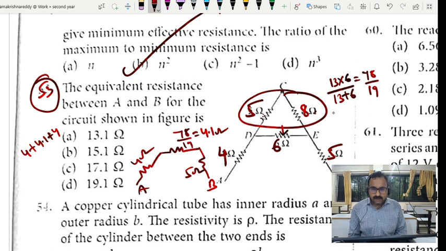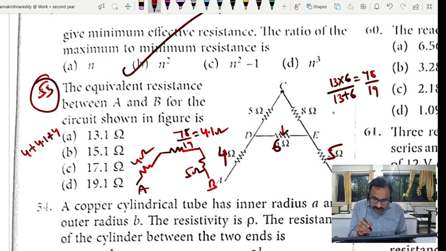So equivalent resistance between A and B, now we are calculating that. This is 6 ohm, 5 ohm and 8 ohm. When 5 and 8 are in series combination, you get 13. 13 and 6 are in parallel combination, 13 into 6 divided by 13 plus 6.